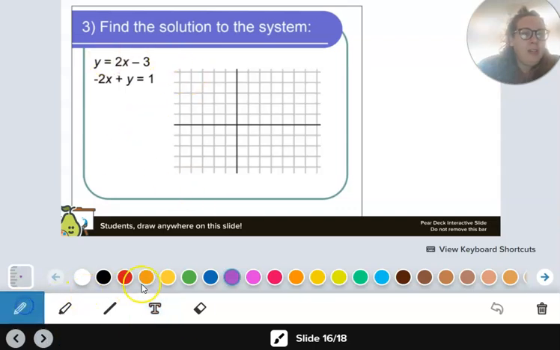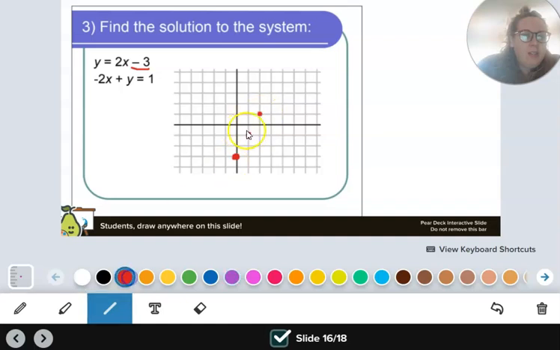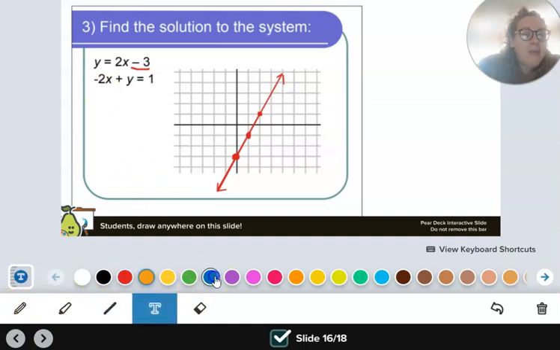So our first equation is already solved. So it has a y-intercept of -3 and a slope of 2. Up 2/1, up 2/1. There's our first line. And our second one, if we add 2x to both sides, we would get y equals 2x plus 1.